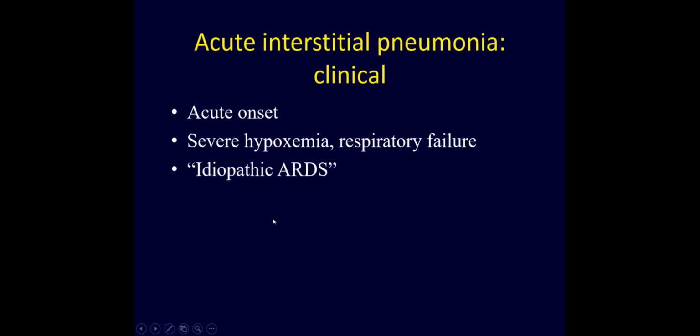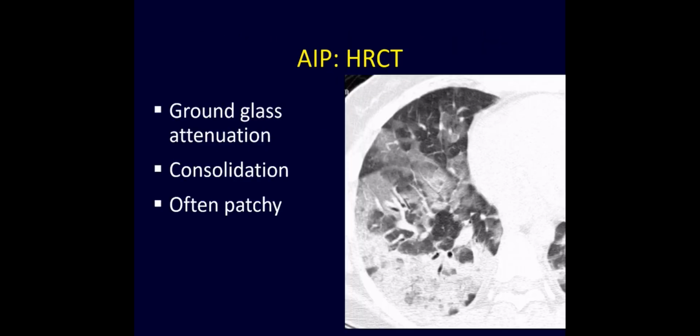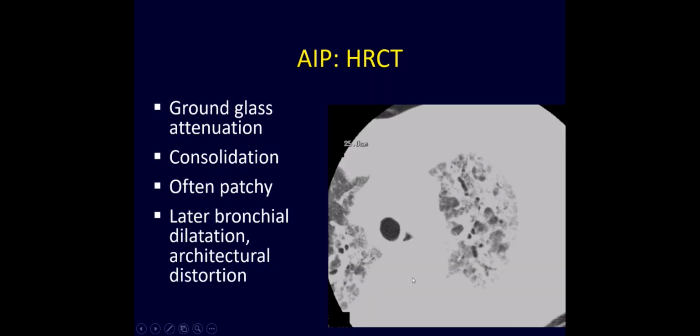Then the most acute entity is acute interstitial pneumonia, presents with acute onset, severe hypoxemia and respiratory failure, and it's basically idiopathic ARDS. And the imaging is typical for ARDS. You get this mixture of ground glass attenuation and consolidation, which is most prominent in the dependent lung, often with areas of spared lobules.